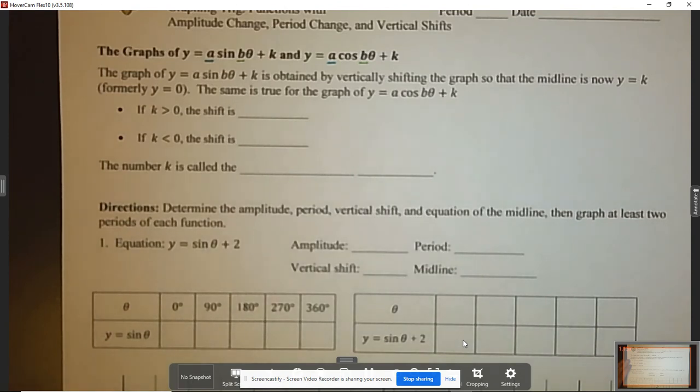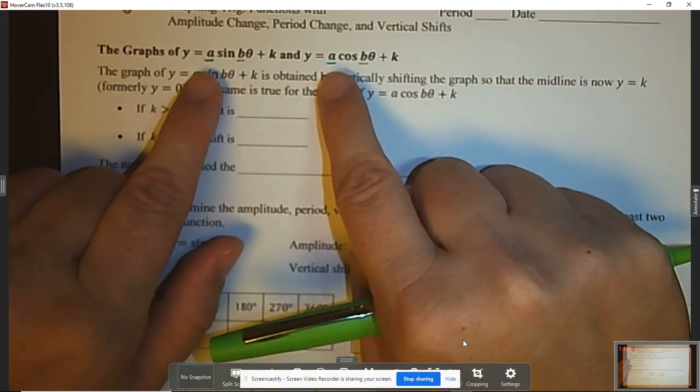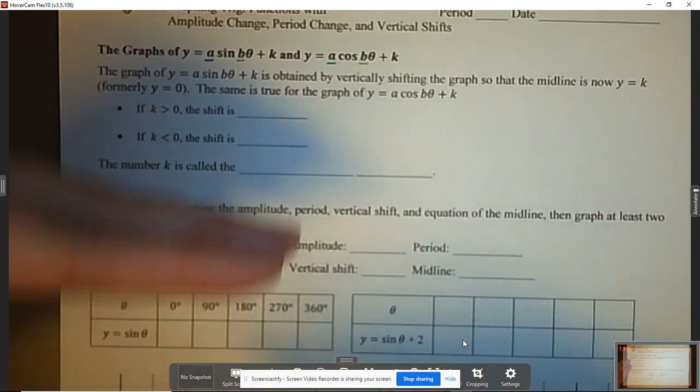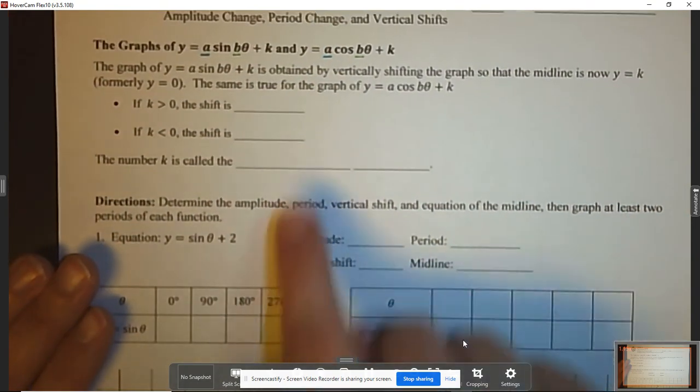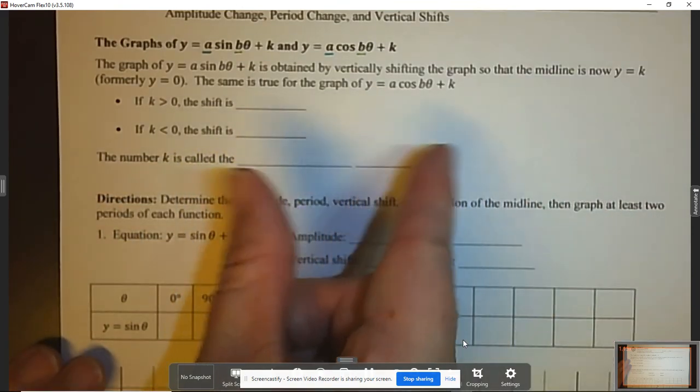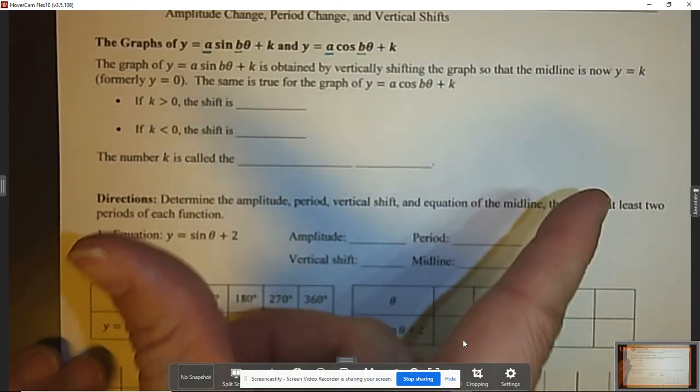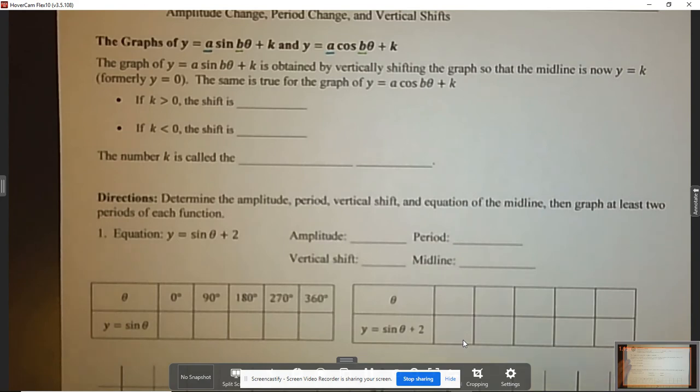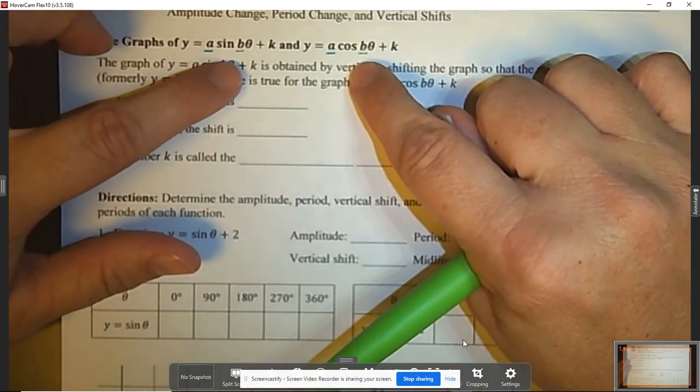It's going to stretch it or shrink it horizontally. So a change in amplitude, this a out front, is going to stretch your graph vertically, or up and down, where b is going to either compress it horizontally or stretch it. So again, a is outside, b is inside.